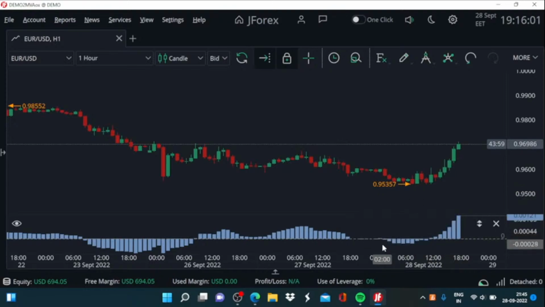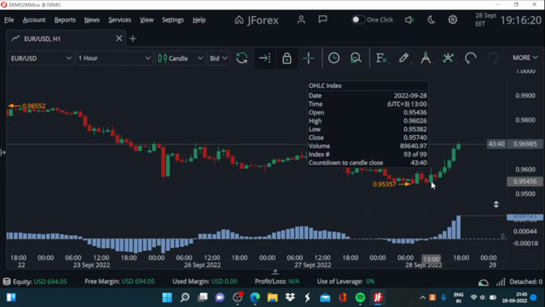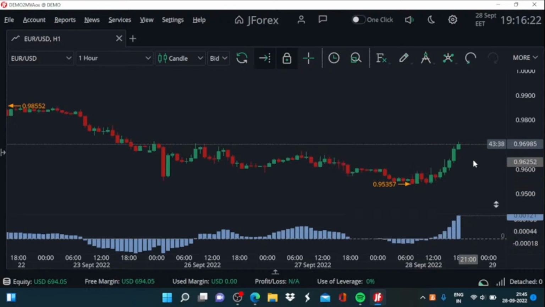For finding the trade signals, you can utilize the zero line. You can use this zero line as a marker. So as and when the trend changes from one side to another, for example, today the trend changed from bearish to bullish around 13 GMT, and if you were to go long around that price, you would be sitting on quite a good amount of profit for the day.